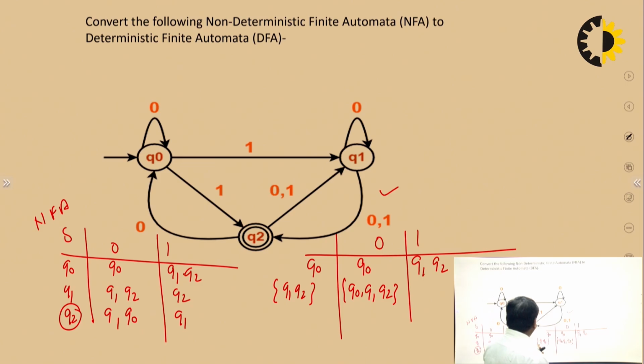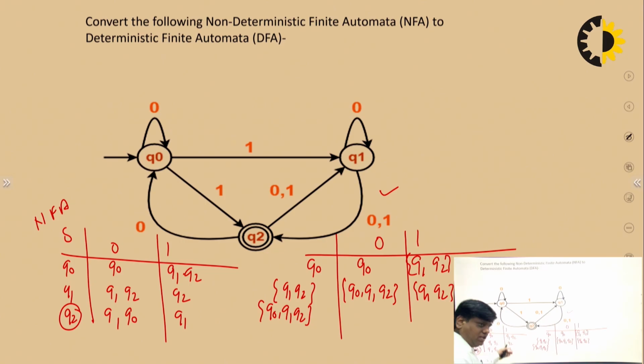Now Q0, Q1 and Q2, and Q1 and Q2, here is Q1, Q2. So now Q1 and Q2 is not a new state because this is already considered. Now the next one is Q0, Q1 and Q2, which is your next state. Now we check the transition on 0 and the transition on 1.